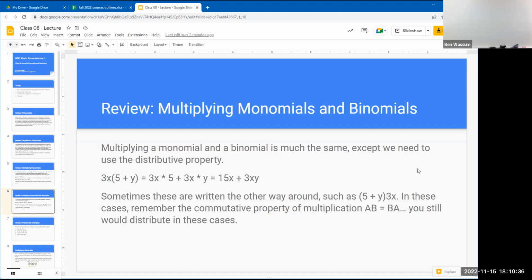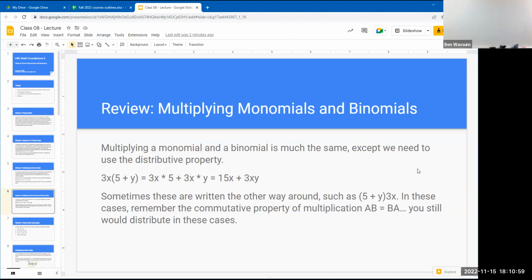So multiplying monomials with binomials was pretty much the same, except you have to use the distributive property. Literally everything past multiplying monomials together is distributive, right? So you see that 3x times the 5 plus y. It means I have to multiply the 3x times each thing in that parenthesis.